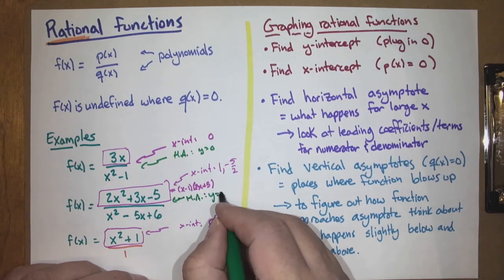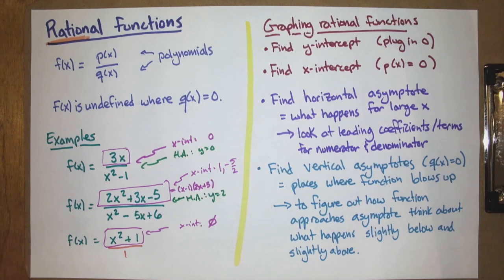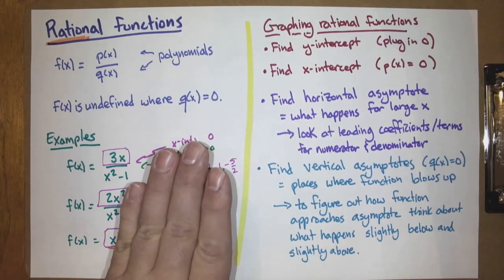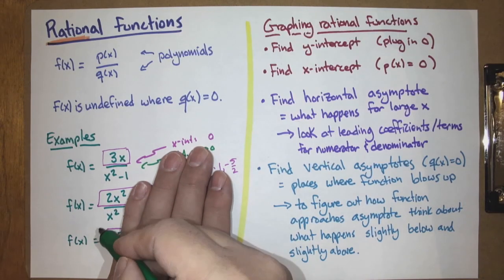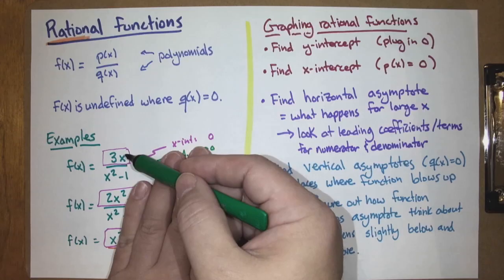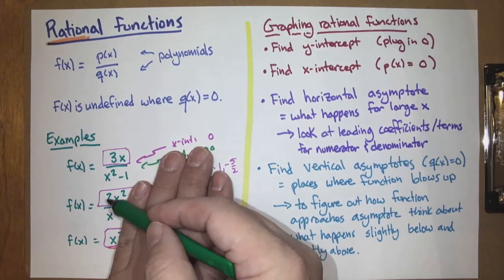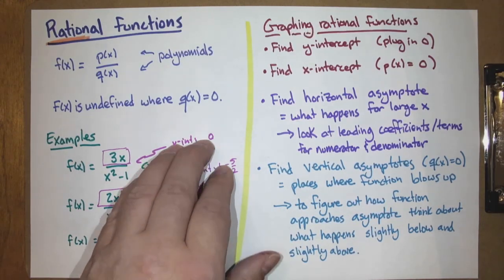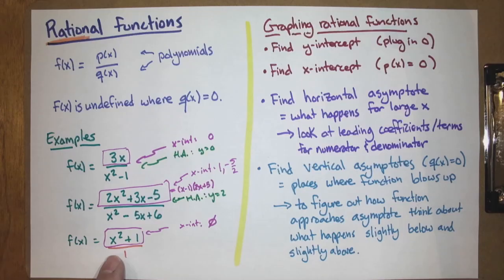So what's our horizontal asymptote? It is 2. So when the degrees match upstairs and downstairs, you just look at the ratio of the coefficients. So here, the degree smaller, you go to 0. The degrees are equal, look at leading coefficients. What happens here? Do we have a nice horizontal asymptote? For large values of x, what's happening to x squared plus 1? It just gets bigger.